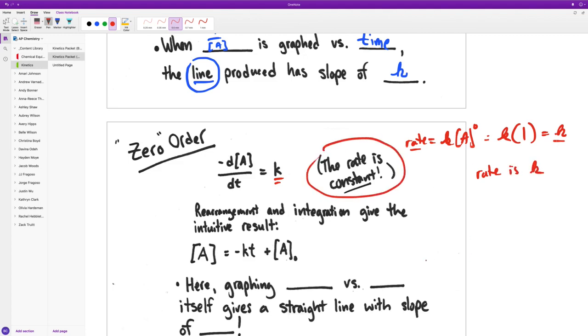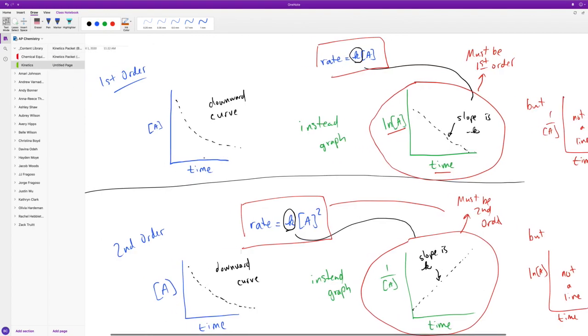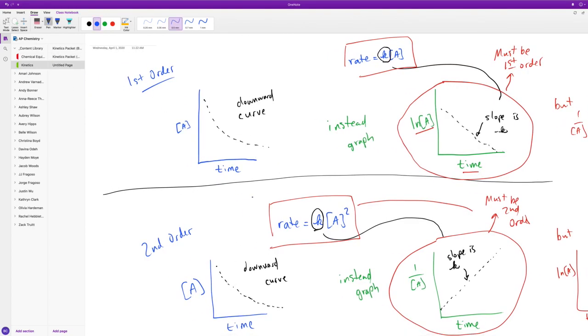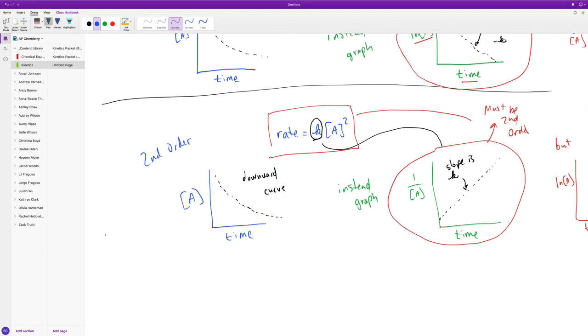If you have a constant rate, if you think about it, what would a graph of a reaction look like if it's got a constant rate? A first order reaction looks like that. A second order reaction, you have these downward curves, but what would a zeroth order reaction look like? Constant rate.